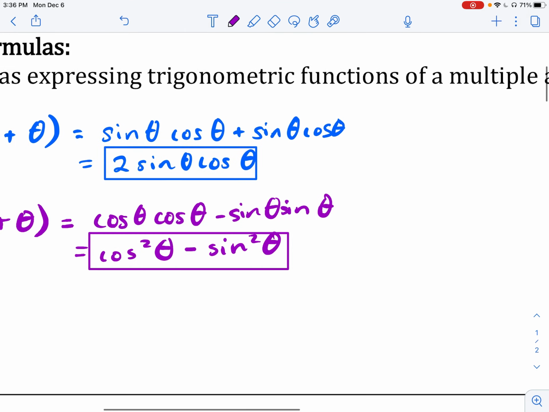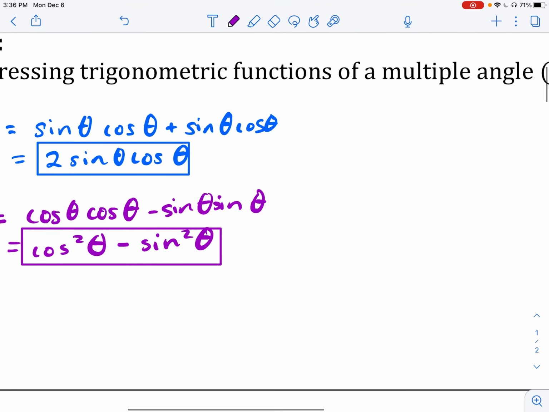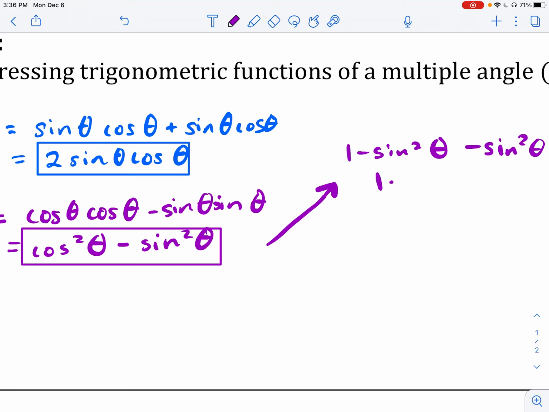Now, if you think about this for a second, we can replace cosine squared theta with 1 minus sine squared theta, minus the sine squared theta that was already there. So this is equivalent to 1 minus 2 sine squared theta. This is another form of the double angle identity for cosine.